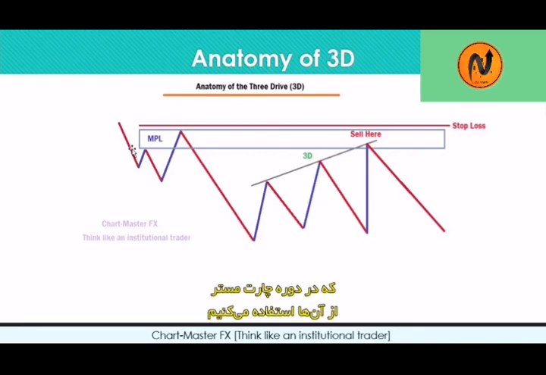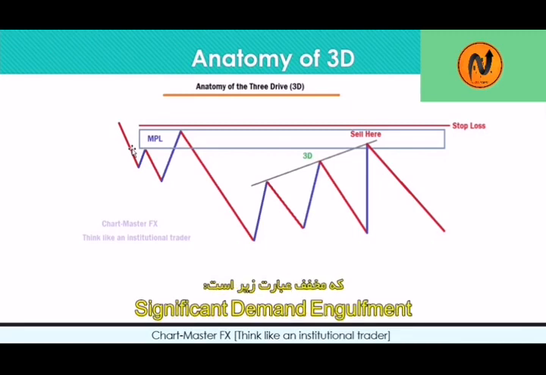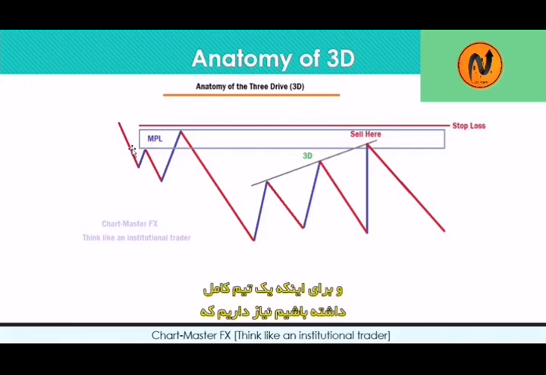So for example, guys, let's say you are looking at a Big Five strategy such as the SDE, which is the significant demand engulfment. As you know, the SDE is one of our defenders, guys. So in order for us to have a complete team, we also need some strikers.